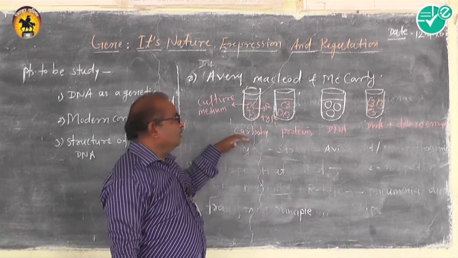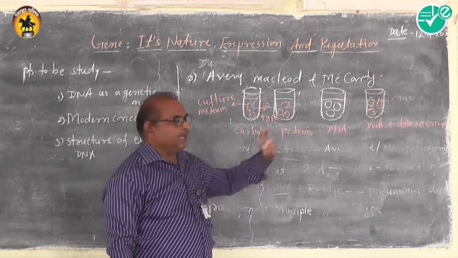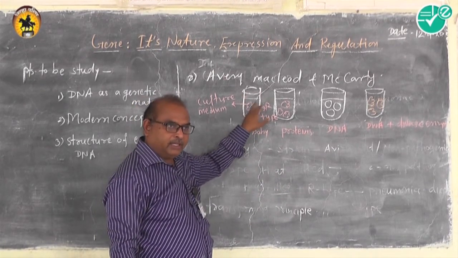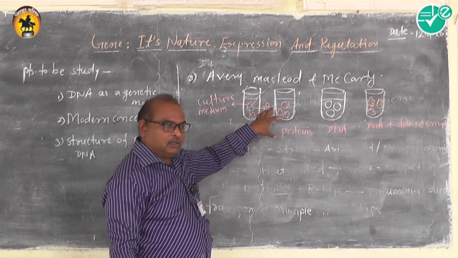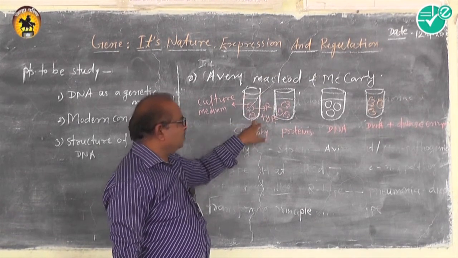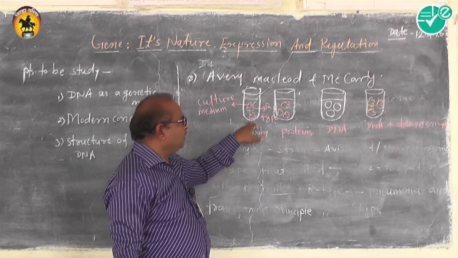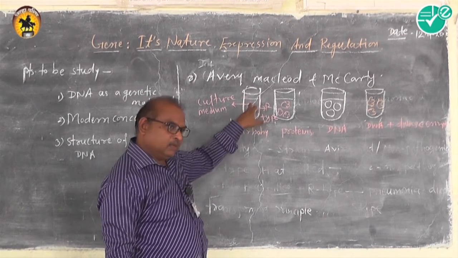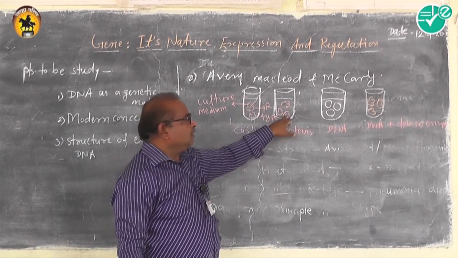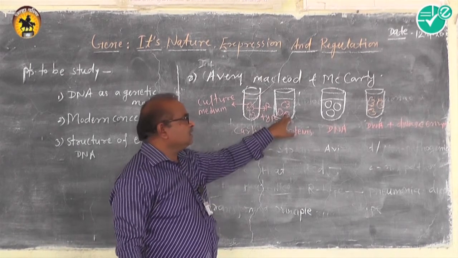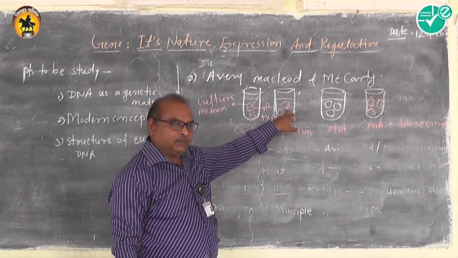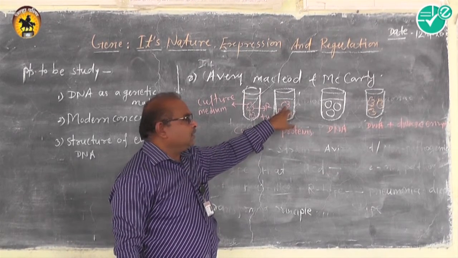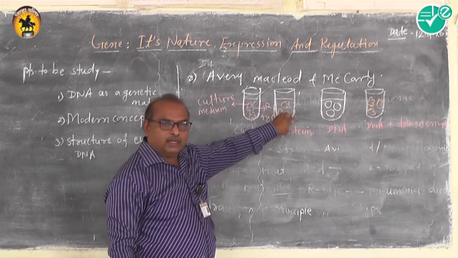They observed that except in one case, nothing changed the rough type of bacterium, R-type, into smooth. With carbohydrate, there was no result, so it remained R-type. In the second test tube, the proteins separately filled in did not change R-type into S-type either.